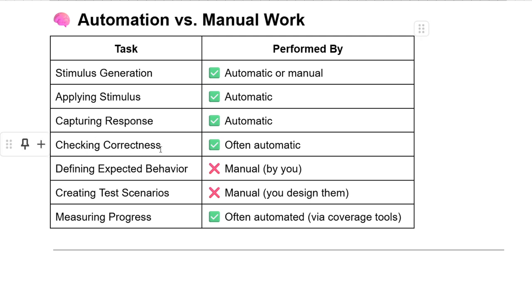Check the correctness is often automatic. Define the expected behavior, this is manual. Create the test scenario, this is manual. You design them. To create a crash scenario will be manual. Measuring the progress is often automatic via coverage tools.